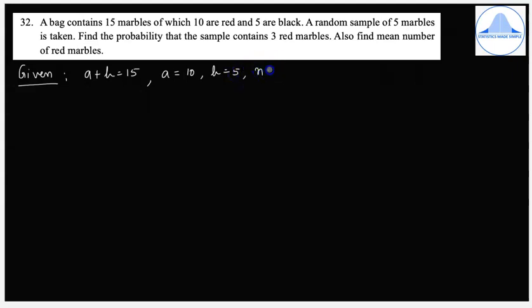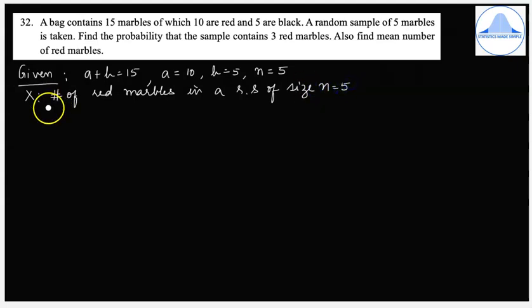Random sample means n is equal to 5. So next define X. It is the number of red marbles in a random sample of size n is equal to 5.